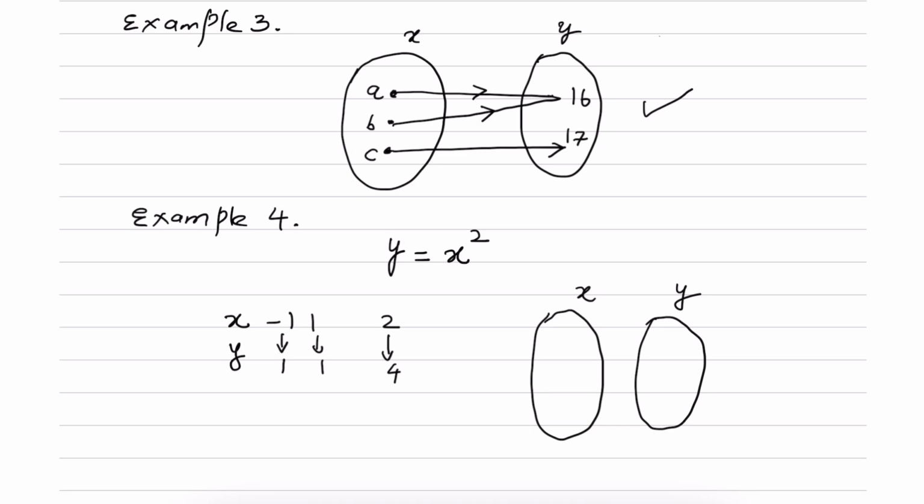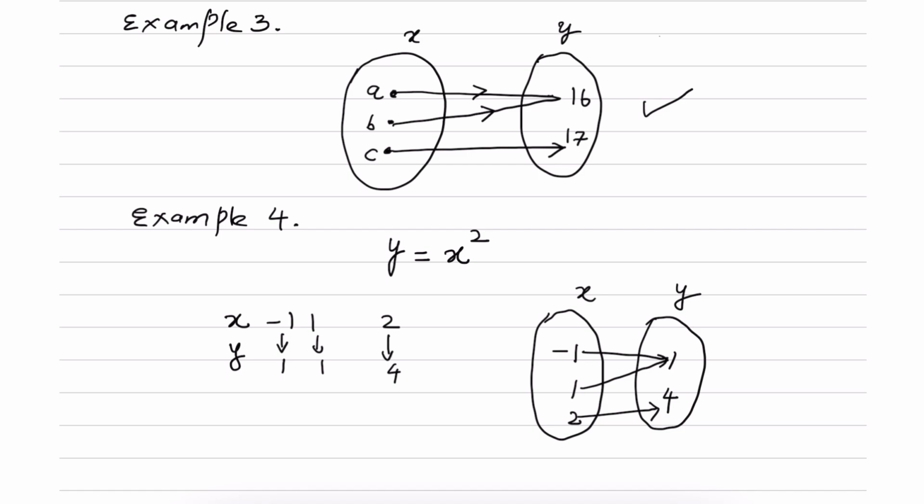So let's draw a picture. Here we are putting the x values -1, 1, and 2, and here we are putting the y values, which are 1 and 4. So -1 and 1 are both associated with the y value 1, and 2 is associated with 4. Let's check whether this description holds for the definition of the function.